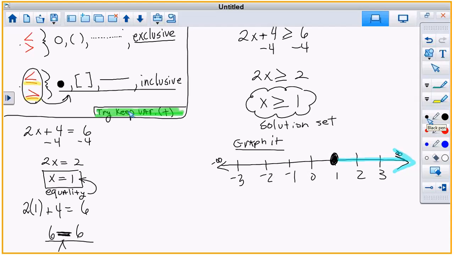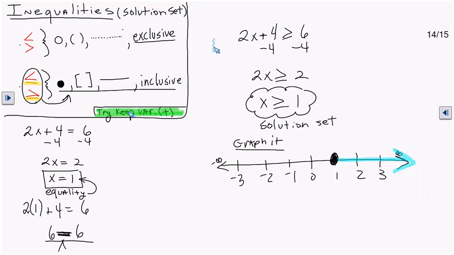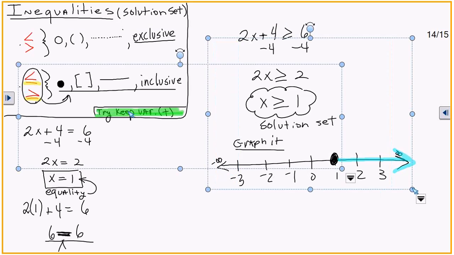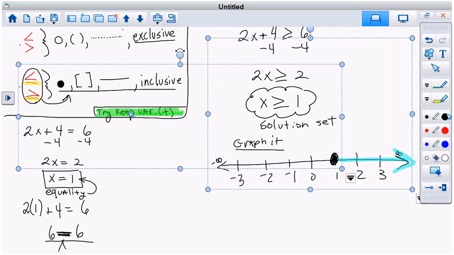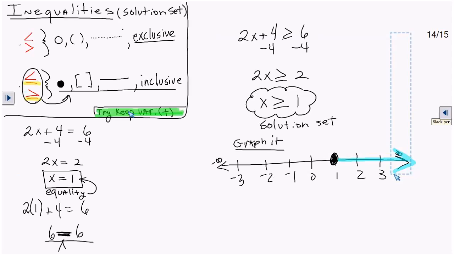So, there's two ways to write your answer in inequalities. There's two ways. So I'm going to move this up a little bit. Why did it do that? Hold on a second.